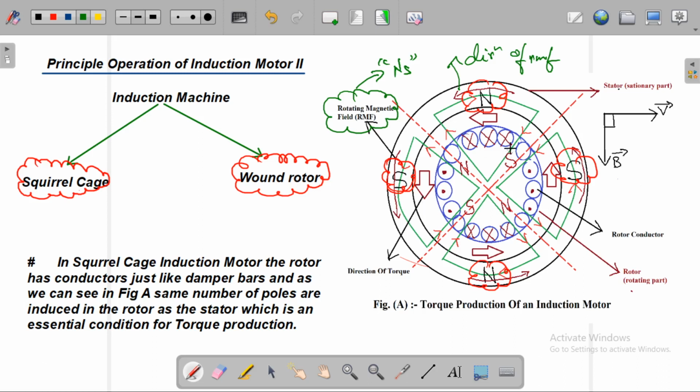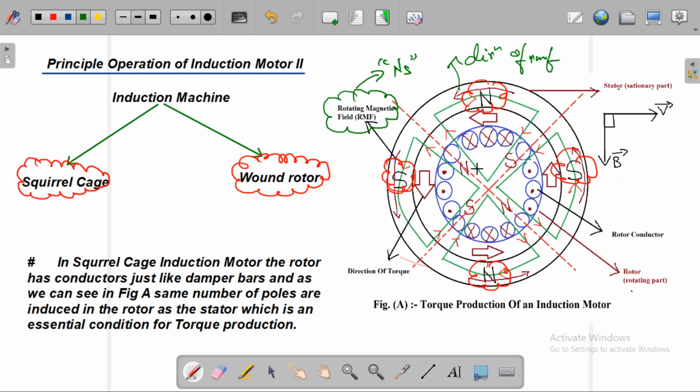The rotor conductor has been placed in the rotor body of an induction motor. So at standstill, or a stationary position, the rotor conductor does not rotate, but its rotation can be assumed to be in the opposite direction, or clockwise.